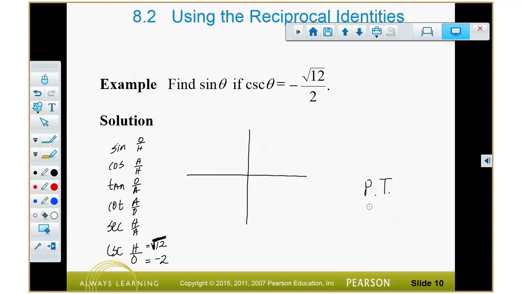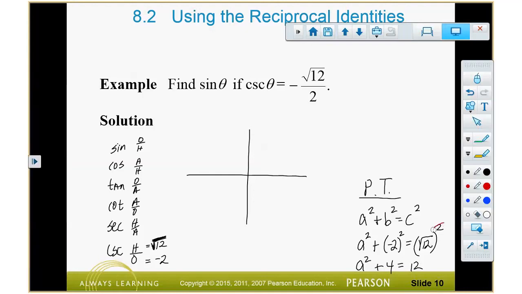A squared plus b squared is equal to c squared. A and B are legs and they're added, so it doesn't matter where you put it. I'm just going to leave A by itself. A squared plus negative 2 squared is equal to the square root of 12 squared. A squared plus 4 is equal to 12, because what happens to the square and the square root?